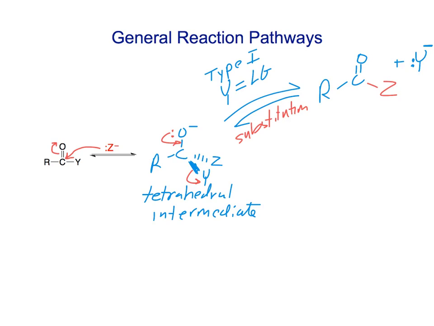All right, so if we go back to the tetrahedral intermediate, and we go down this way, if Y is not a leaving group, so these are going to be the type 2, then it really can't go any further.